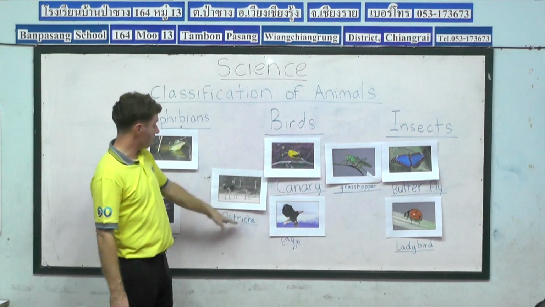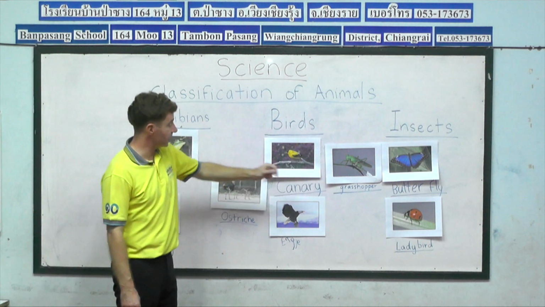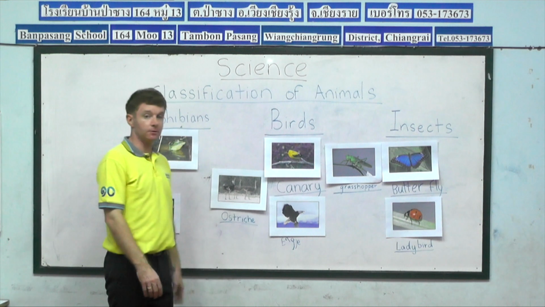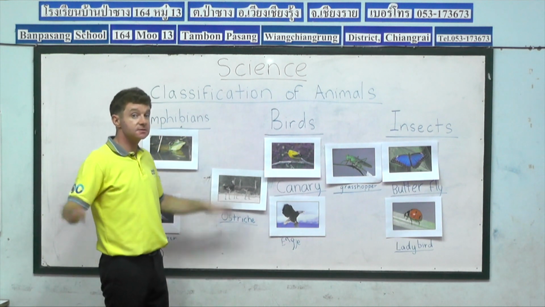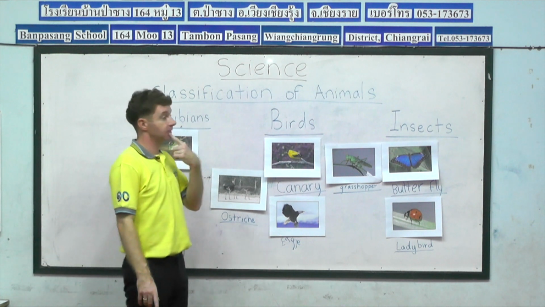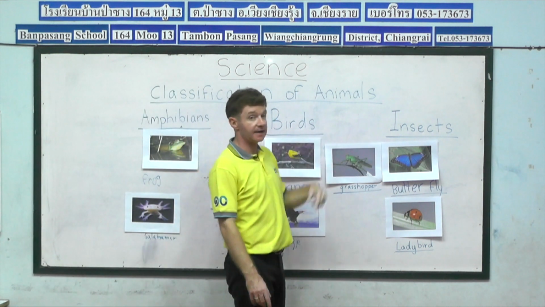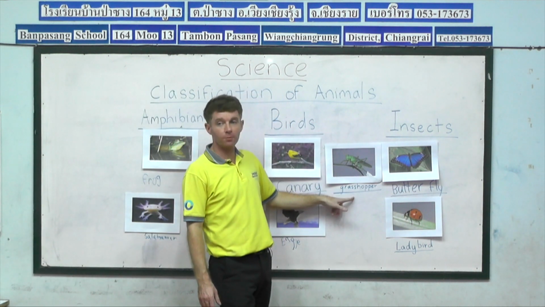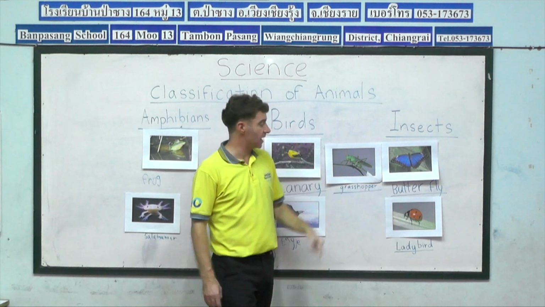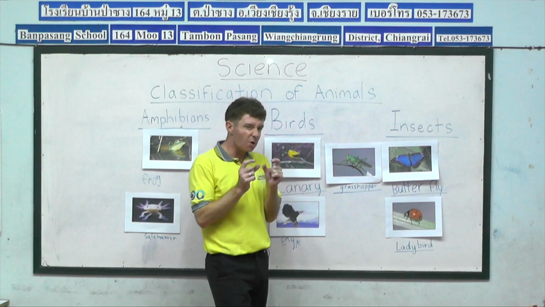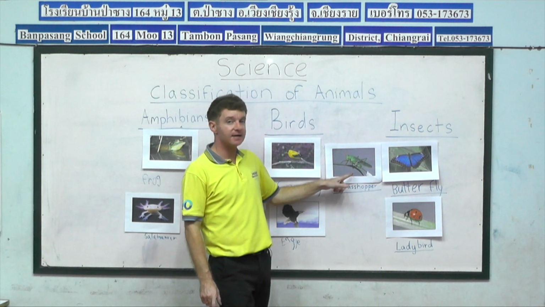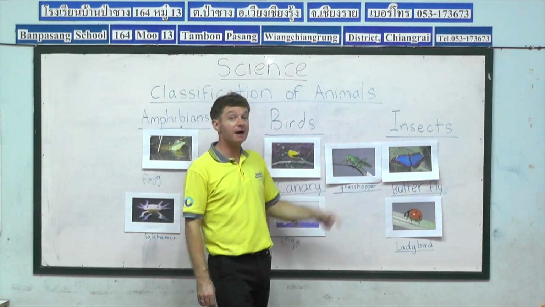Birds, ostrich, canary, eagle: 2 legs, a set of wings, and a beak. And then we have insects like grasshopper, butterfly, and ladybird. These are smaller and they have 6 legs, and most of them have wings too.